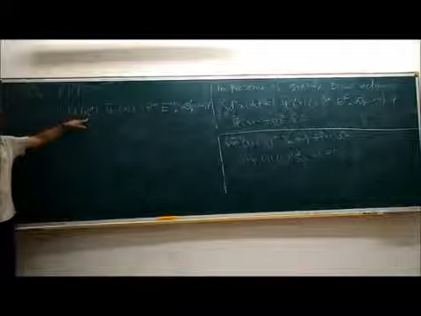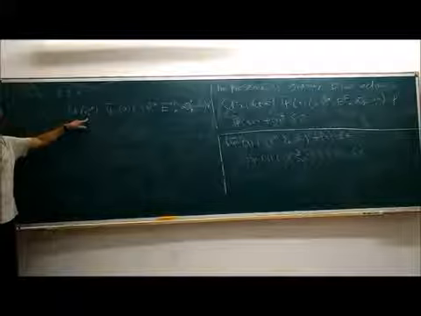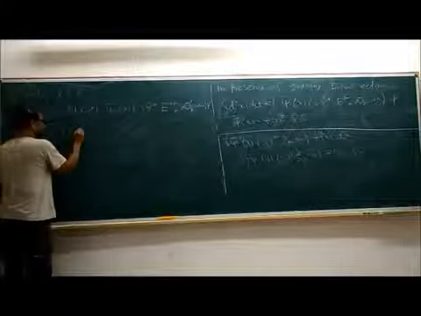What about determinant t double prime? It is determinant t, since a Lorentz transformation has unit determinant. So this gives you determinant t.